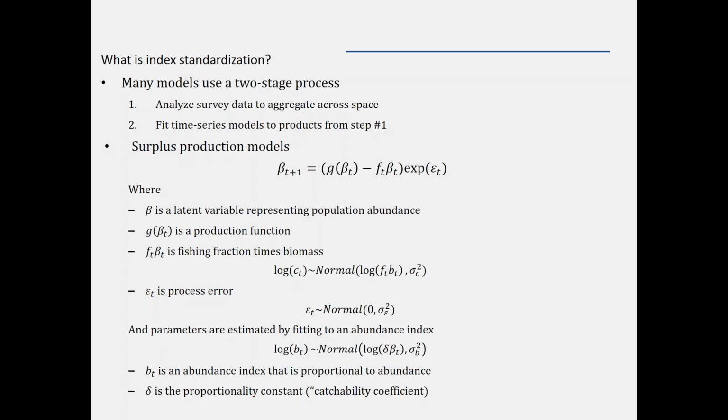We could get into more details, but I don't want to go too deep on it right now. The point I want to make is that C_t and B_t are data, represented with Roman numerals, and they're actually derived products from a first-stage statistical analysis. And the proper design for that first-stage analysis depends on how you model it in the second-stage model.